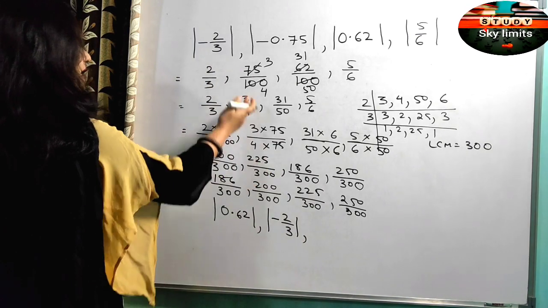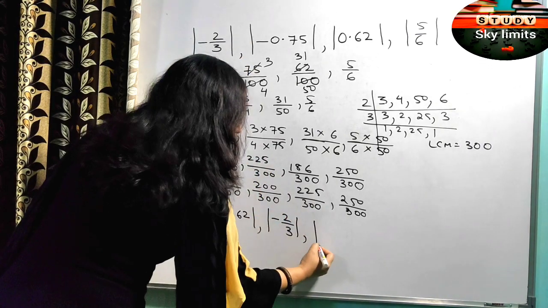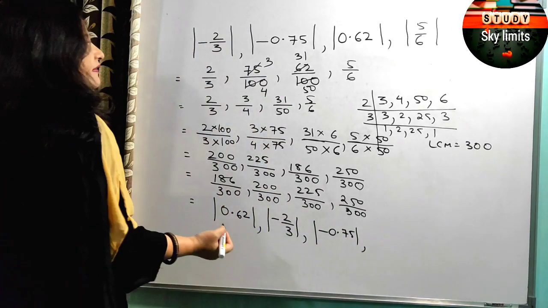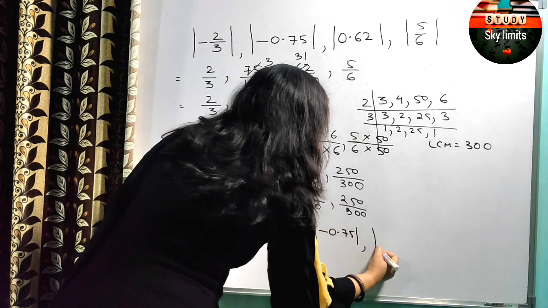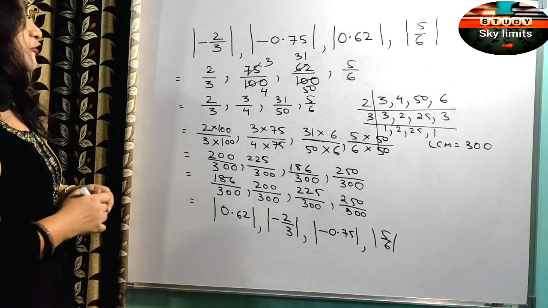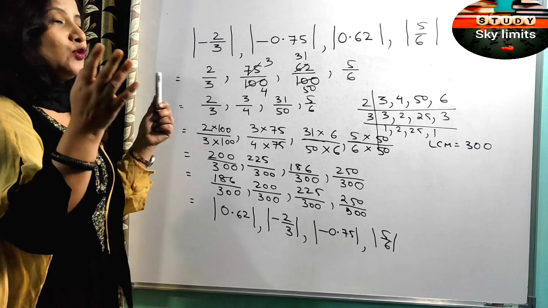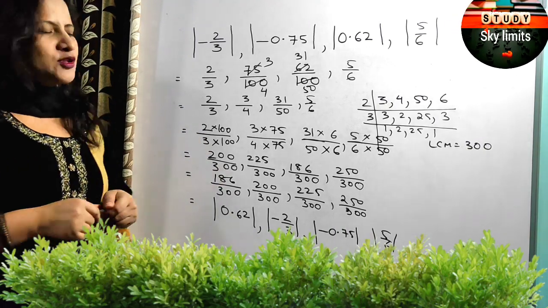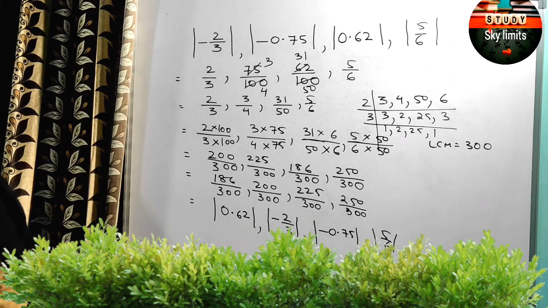Then 225 is the second one, the absolute value of minus 0.75. And the last one is the absolute value of 5 by 6. So I hope all of you understood this number quite well and you are solving along with me. Clear? So let's come to the next question without wasting any more time.